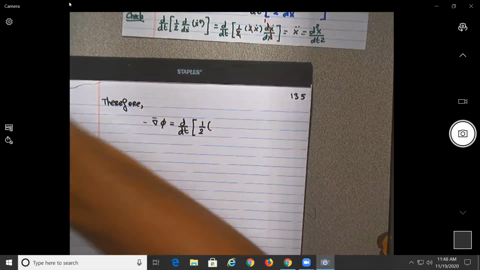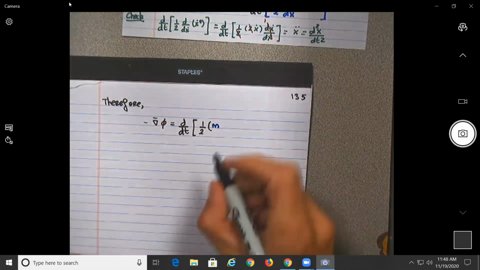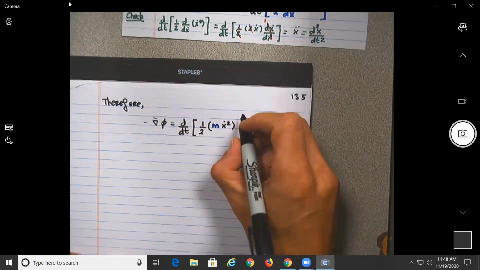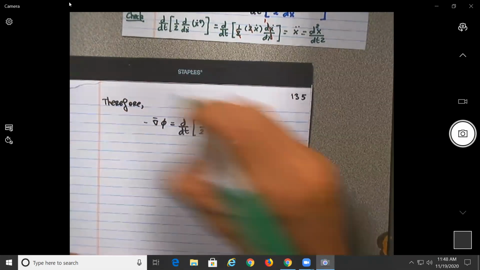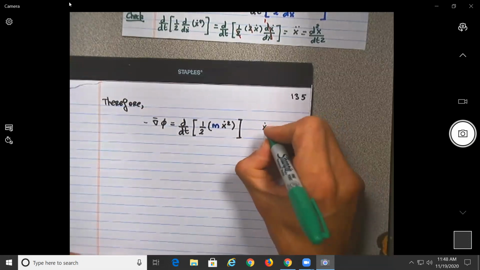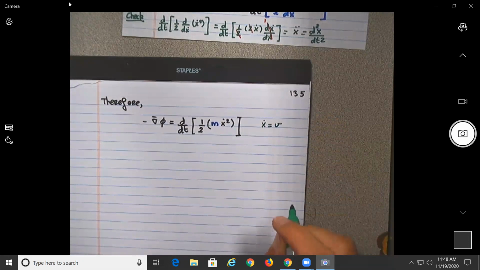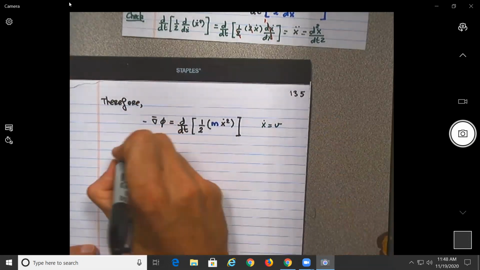Now be careful because m was constant. I can put it anywhere I want, no? x dot squared. And if you want to put it over here, you should all be aware that x dot is the same thing as the velocity. Or if you want, let's write it under that form.